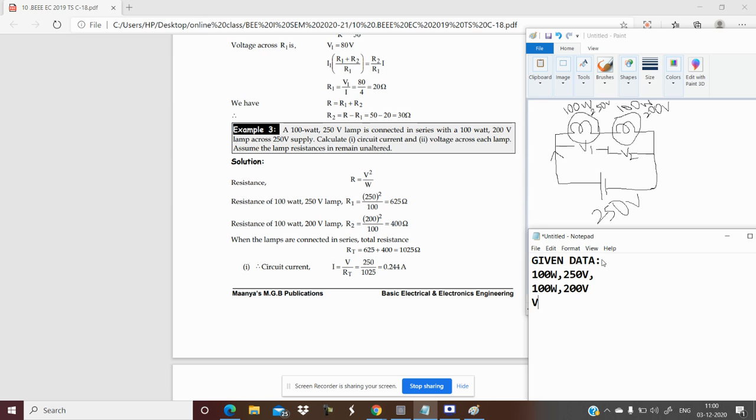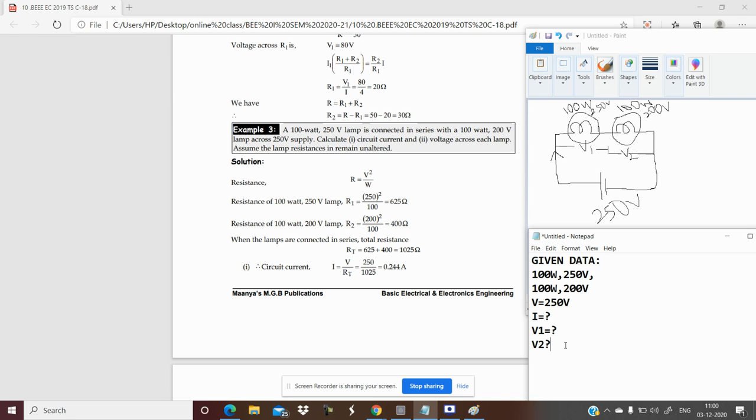And the supply voltage V is equal to 250 volts. This is the given data. And you have to calculate the total current I, and V1 and V2.